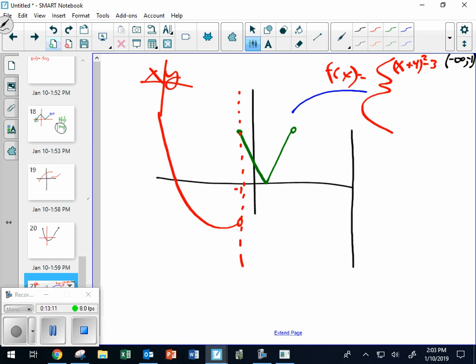The next function would be an absolute value function, except it's moved a little bit to the right, so I'm going to squeeze in a little -1. And it's that from -1 to, let's say, 5.